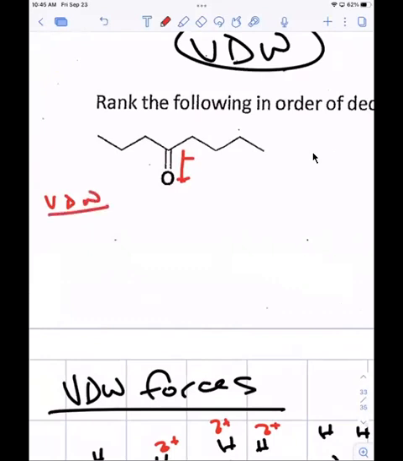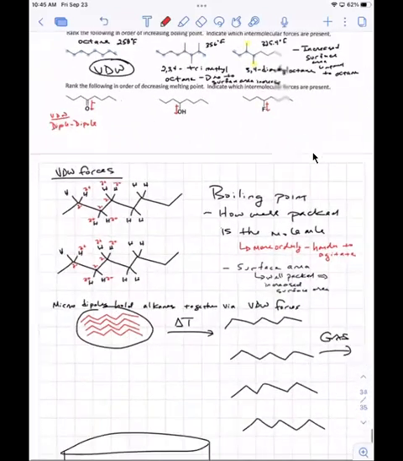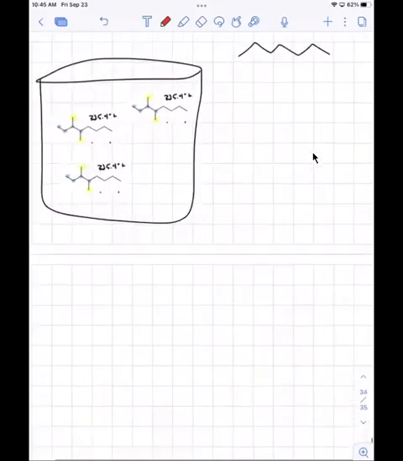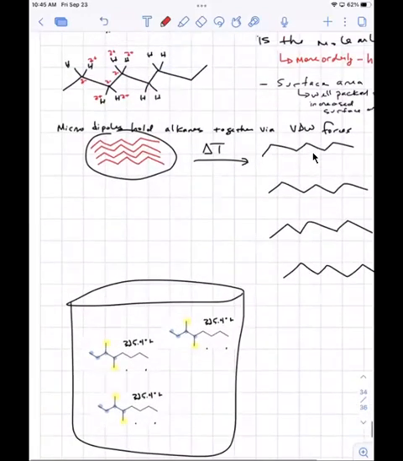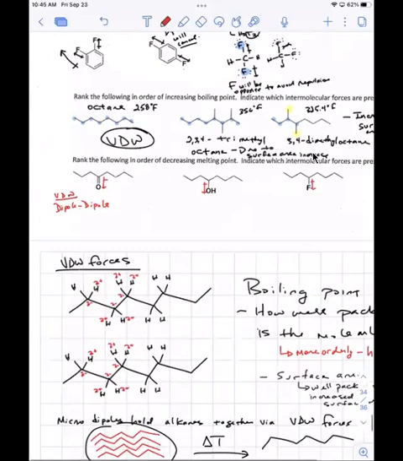But in addition, you also have dipole interactions. Right? And if we had to think about the dipole interactions, it's similar to van der Waals, but the difference is that you got actual charges that are much higher.